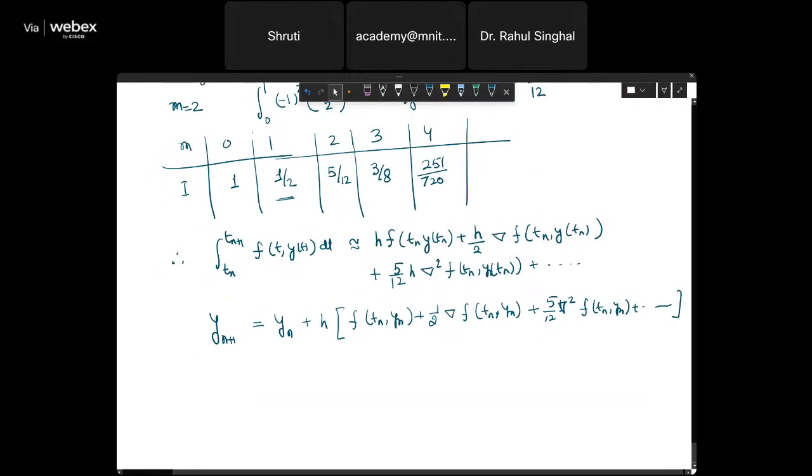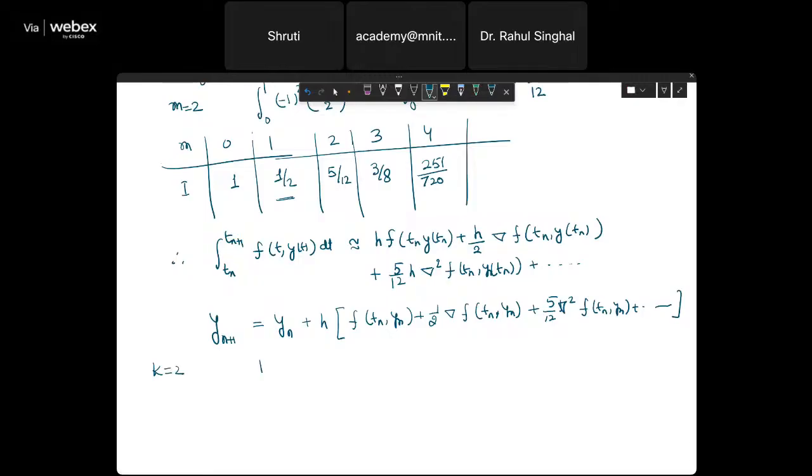Okay, so for k equal to 2, if you write it, the case of k equal to 2 means the interpolation polynomial is of degree 1. In this case f is approximated by an interpolation polynomial of degree 1, and therefore from this equation we obtain the numerical method as y(n+1) equals yn plus h times f(tn, yn) plus half lambda f(tn, yn), and we know the meaning of this lambda.